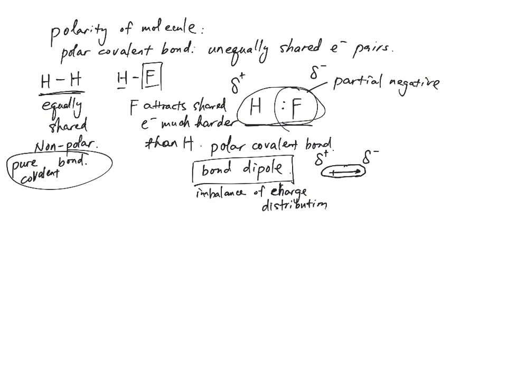For diatomic molecules, the molecules made up of two atoms, whether they're polar or non-polar is simple. HF is definitely a polar molecule. So for diatomic molecules, if you have a polar bond, you are a polar molecule.